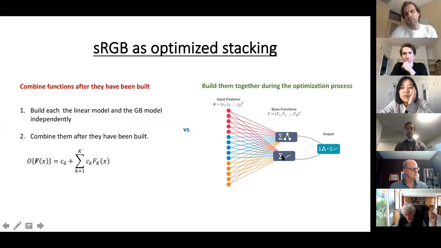You have, let's say, gradient boosting, and then you have a neural network, and you blend afterwards. With representational gradient boosting, you can blend them using whatever output you want, let's say a neural network. But when you start building them, you build them together knowing that they're going to be blended, so that the imaging part or the neural network part doesn't go and learn the things from the tabular data.